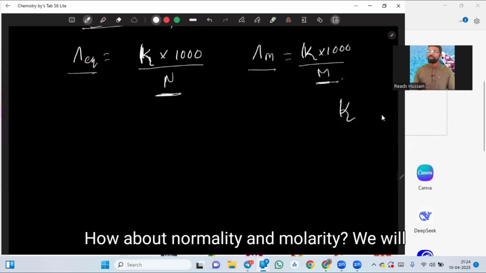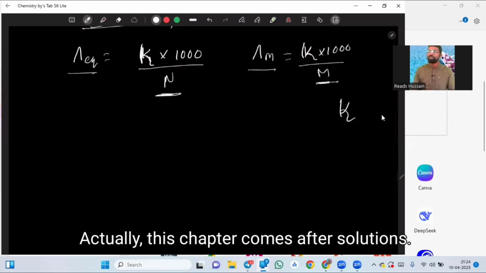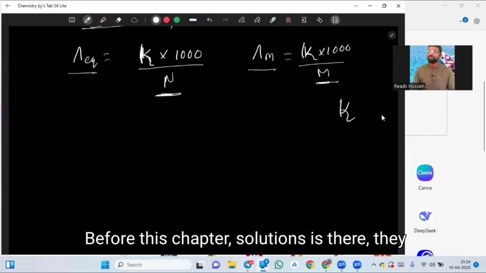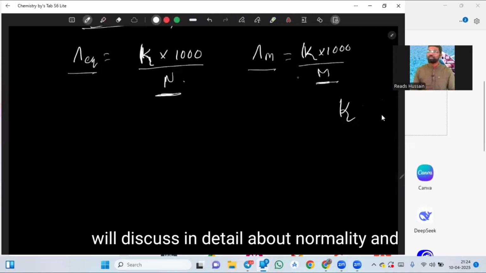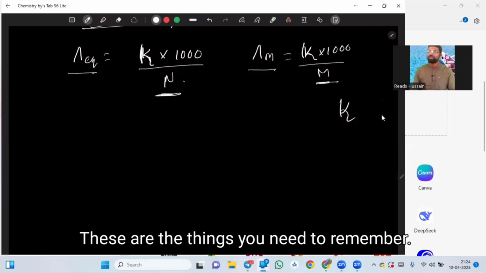About normality and molarity we'll discuss later. This chapter comes after solutions, where we'll discuss them in detail. These are the things you need to remember.